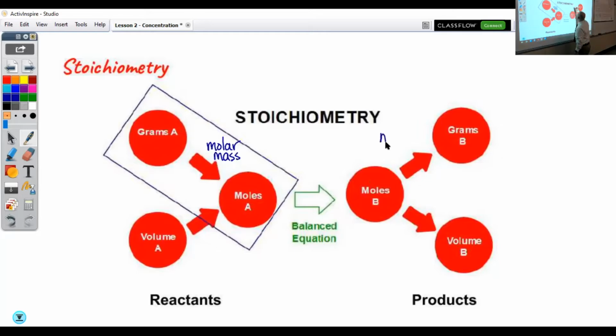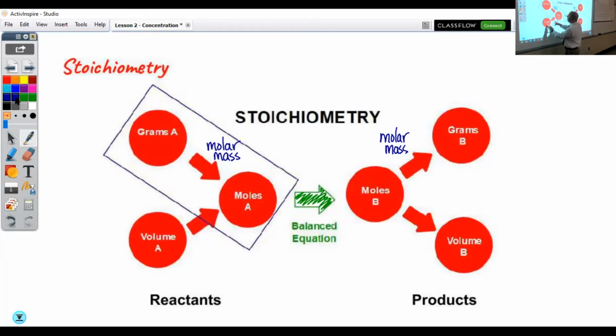Same thing over here. We used our molar mass from the periodic table. For this part, we used our balanced equation. So for this part in green that I'm shading, when we went from moles to moles, we used the coefficients from the balanced equation. Now we're introducing this other starting point.